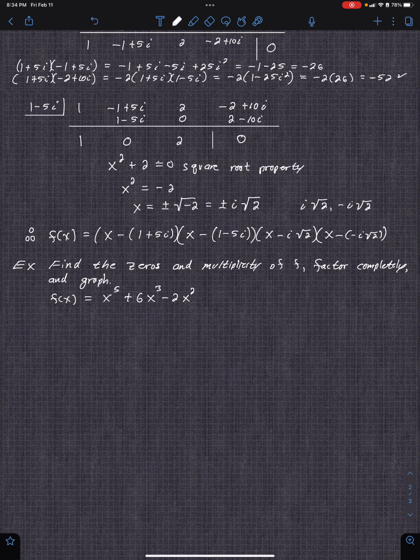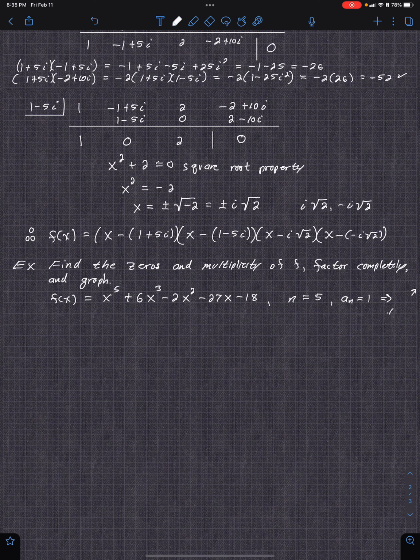Okay, so x to the 5th plus 6x cubed minus 2x squared minus 27x minus 18. All right, so we know n is equal to 5. Our leading coefficient a sub n is equal to 1. So that information implies what?